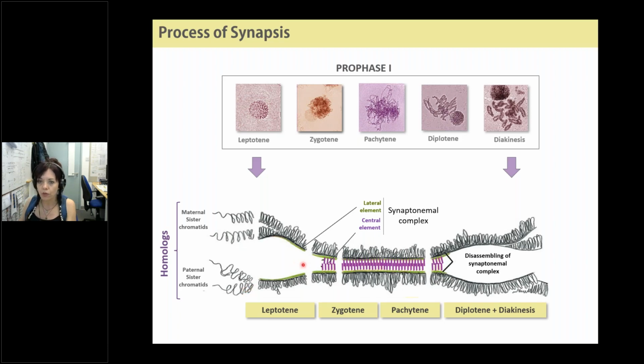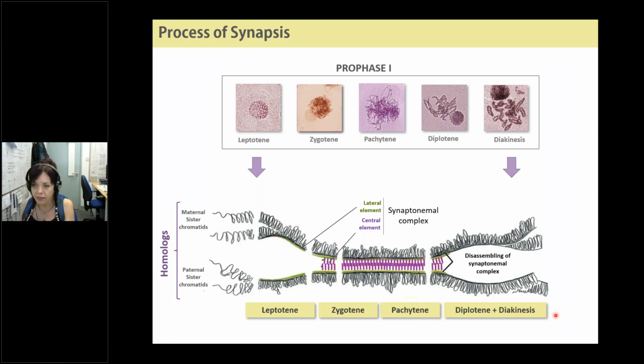And this happens because there is a protein structure that is polymerizing between them, forming what is known as the synaptonemal complex. So this complex is like a kind of glue or a scaffold that keeps homologs together so recombination can happen. Now, apart from synapsis, there is much more going on during this stage, as you will see later. However, how all these processes are coordinated is still poorly understood.